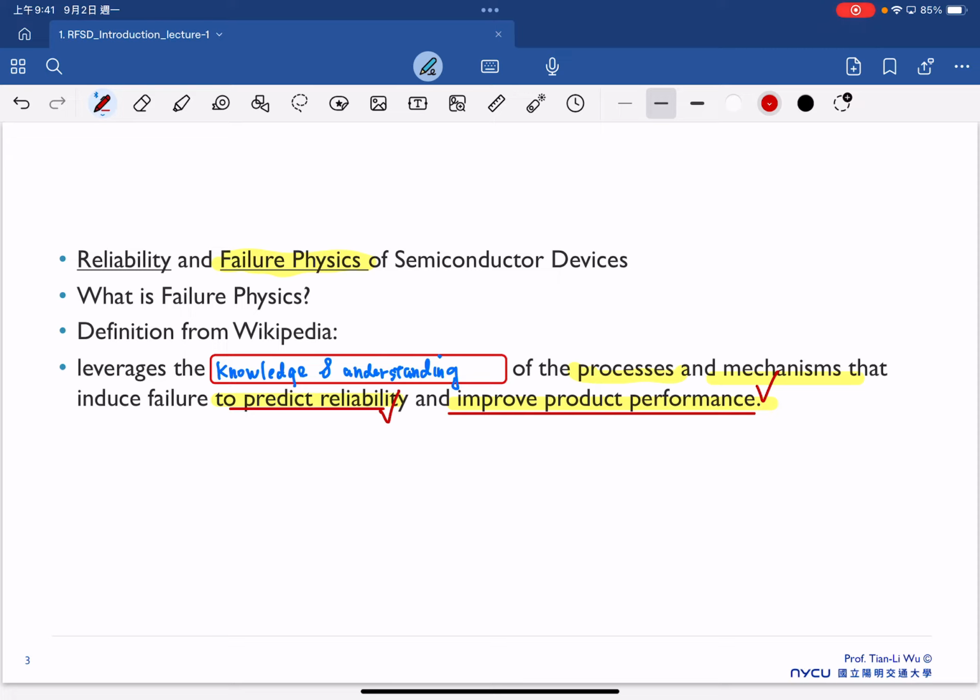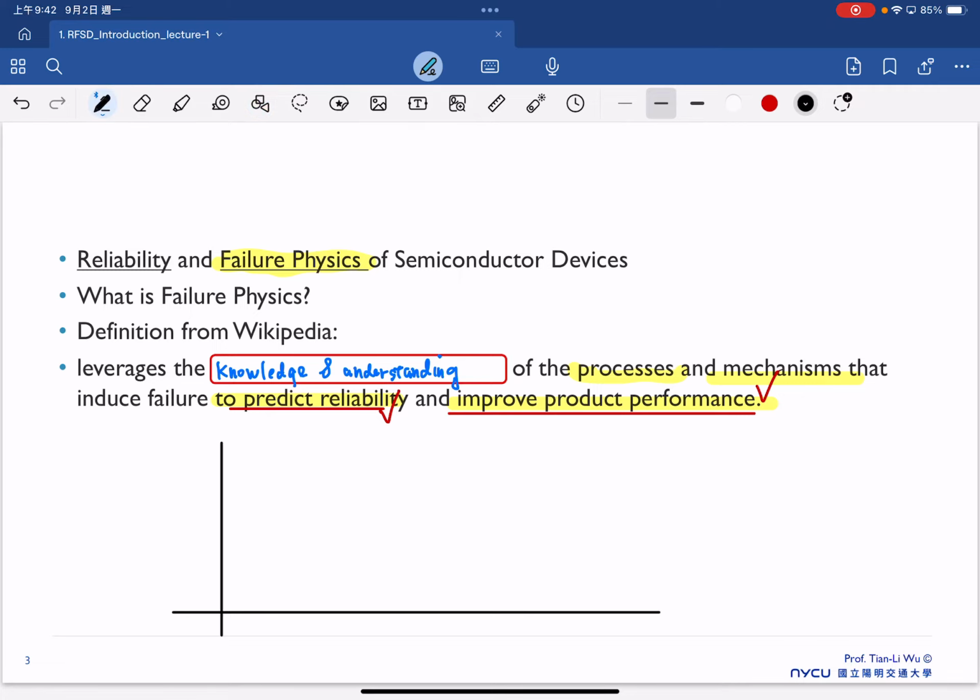So reliability is definitely related, in the end, to the product's performance. That's always the goal: to improve the product reliability and also the product performance. Again, we can use the previous example to illustrate how important it is to understand the physics in order to improve product performance.